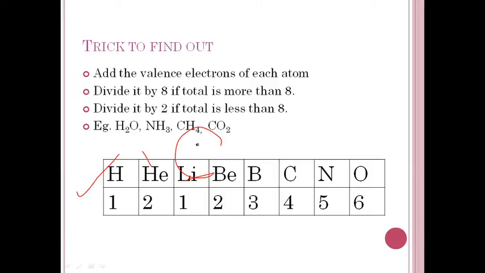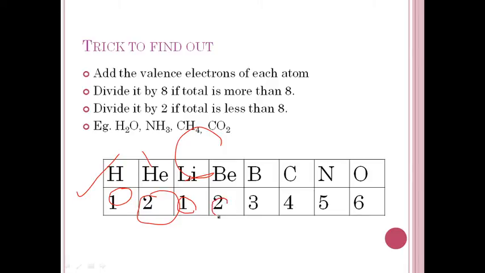Well, hydrogen, how many valence electrons does it have? Yes, of course it has 1. And what about helium? Helium has 2. Lithium again 1. Though the atomic number is 3, the valence electron means the outermost electron, that you know. The outermost electron that is going to take part in the bonding is only 1.